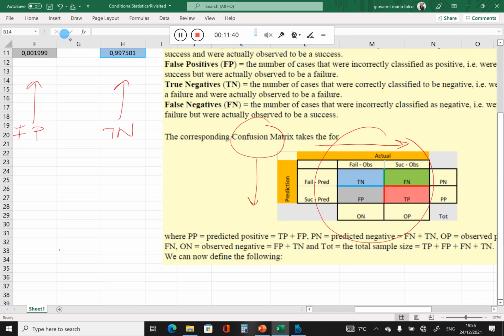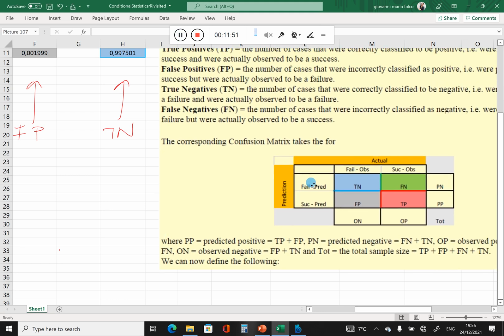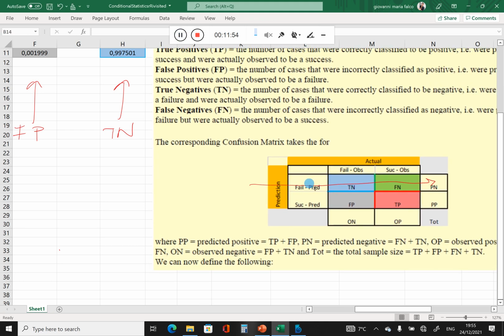Okay, and then you see that you can sum up along at least 4 different directions. So for example, if you sum along this direction, you get all the predicted positive. So these are the total probability of predicting negative, and this is basically the sum of the true negative and the probability for false negative.